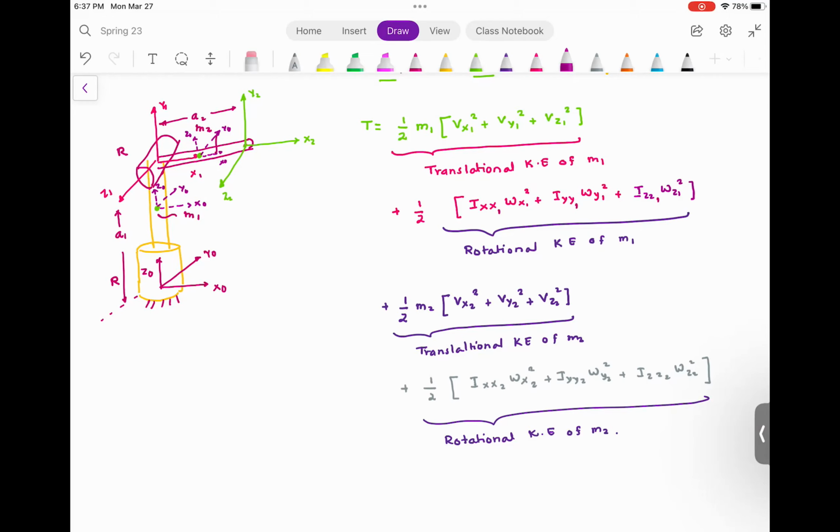Next part is I'm interested in finding Ixx1 omega x1 square, Iyy1 omega y1 square, Izz1 omega z1 square. Remember, we looked at how to find the rotational kinetic energy. So remember, we found omega x, omega y, omega z.